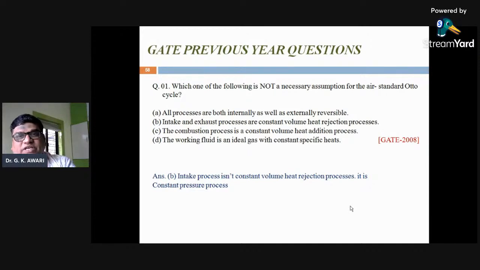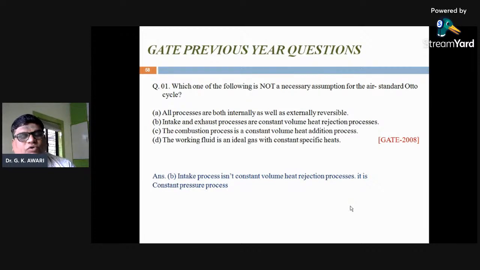Which one of the following is not a necessary assumption for the air standard Otto cycle? This was the question in GATE 2008. The options: all processes are both internally as well as externally reversible; in case of the Otto cycle, intake and exhaust processes are constant volume heat rejection processes; the combustion process is a constant volume heat addition process; and the working fluid is an ideal gas with constant specific heat.